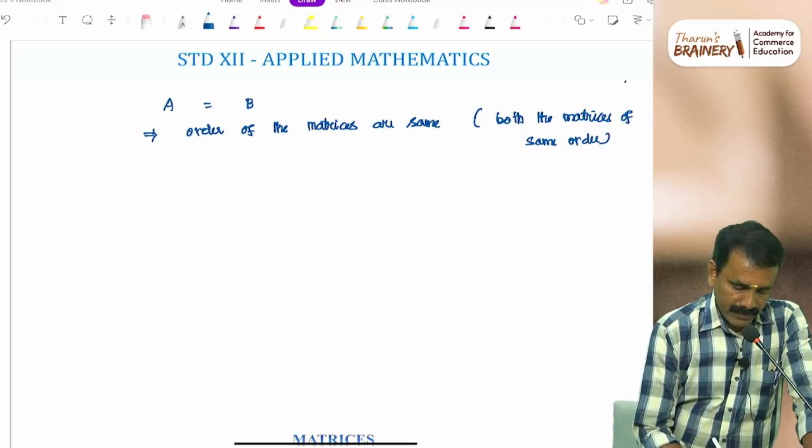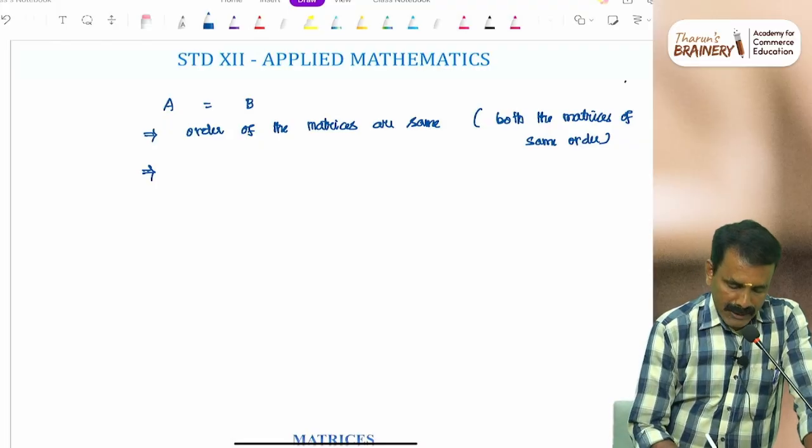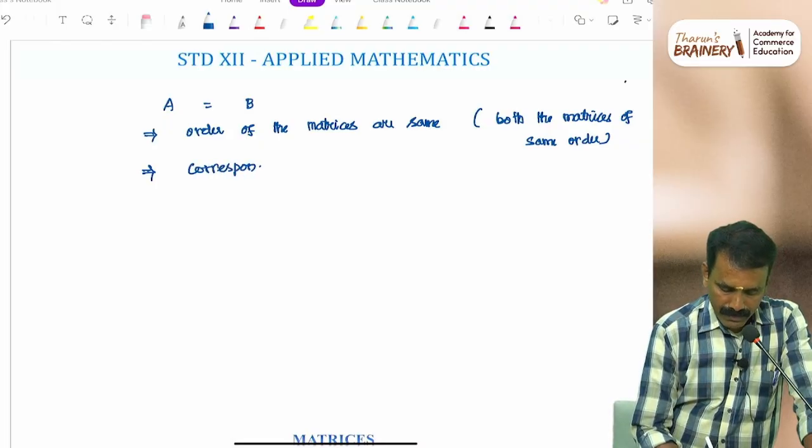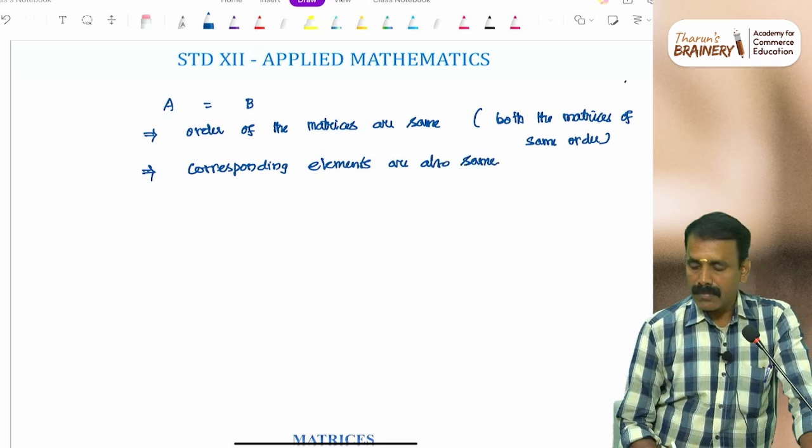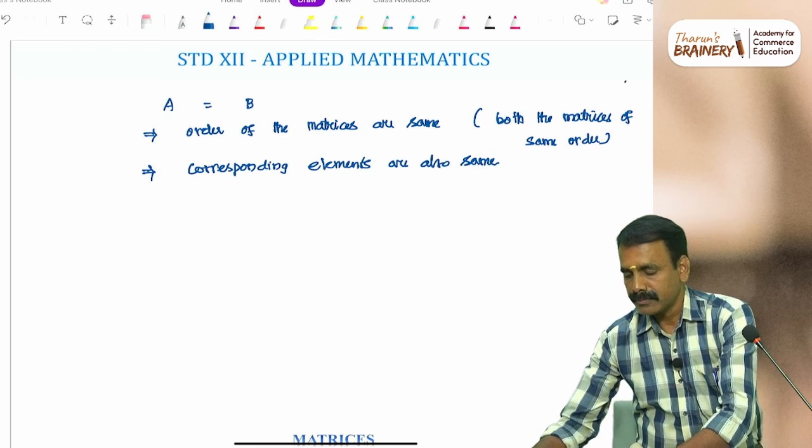And second, the corresponding elements are also the same. Is it clear?